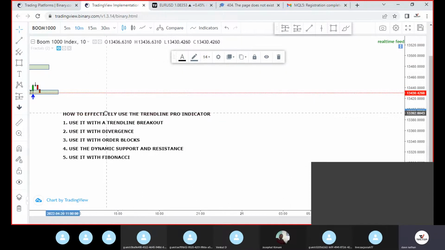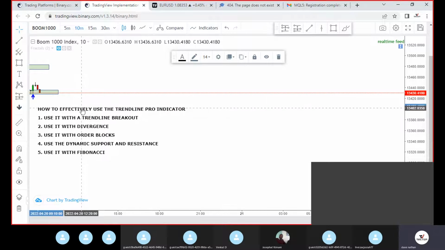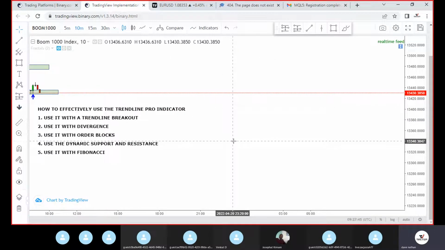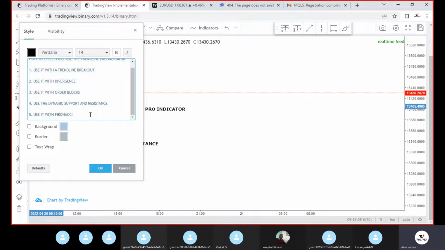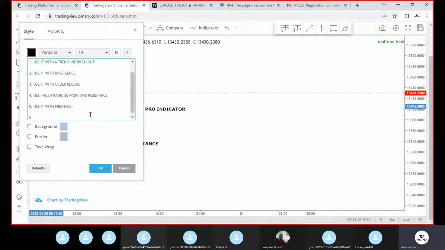So these are the 5 ways we are going to be using the Trendline Pro indicator, and I'm going to be explaining them. And then the 6th one, sorry, this is more effective: use it with RSI set to period 4.